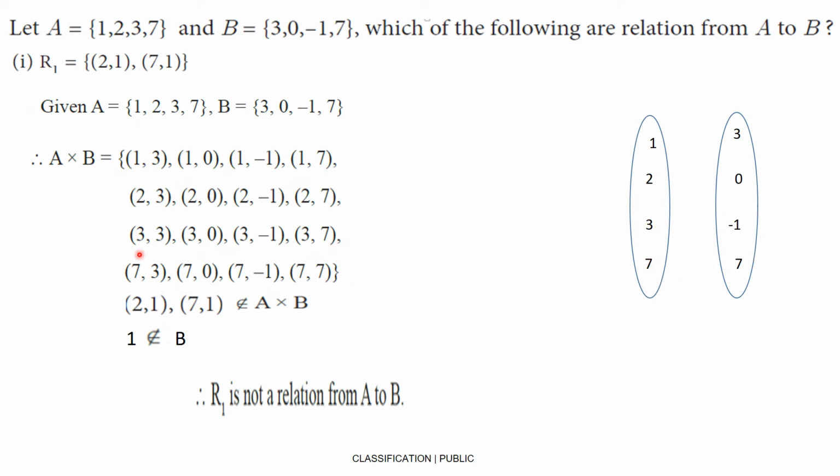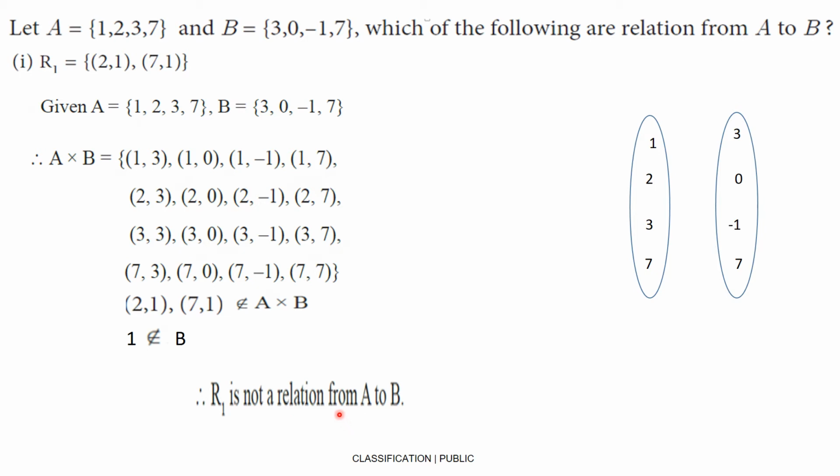Previously discussed, exercise 1.1, A cross B. That method also you can use. If these ordered pairs are there in A cross B, you tell it is a relation, but here it does not belong to A cross B at all. So it is not a relation.